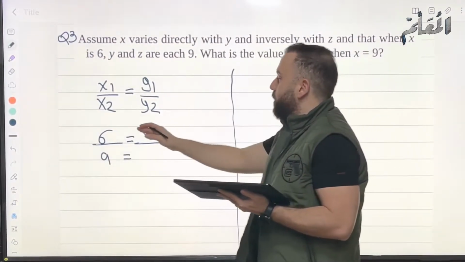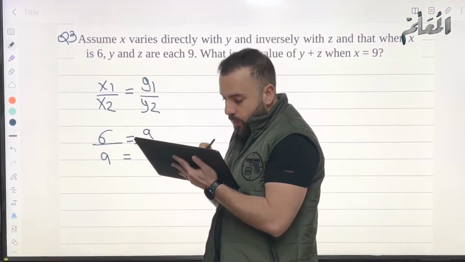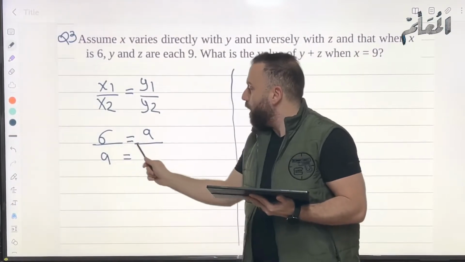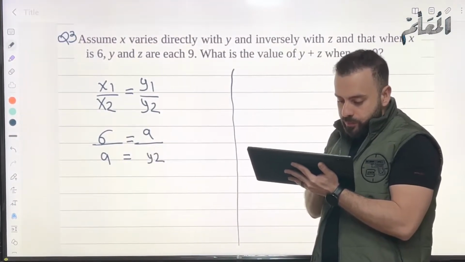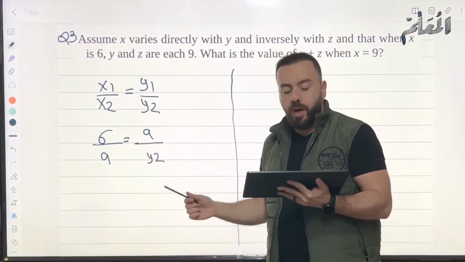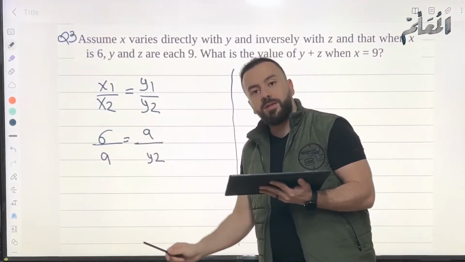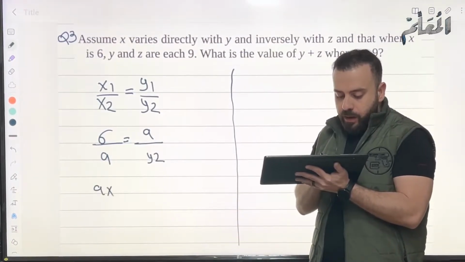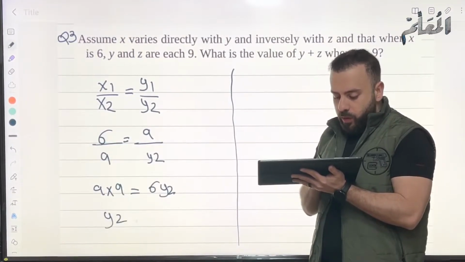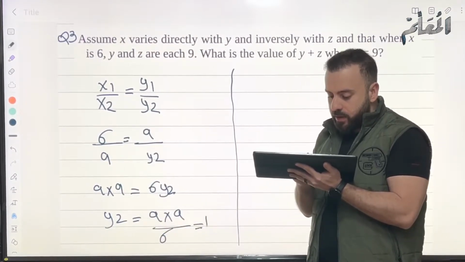Since it's a direct variation between x and y, we can make a cross multiplication. 9 times 9 is equal to 6 times y2. So y2 is equal to 9 times 9 all over 6, and the answer is 13.5.